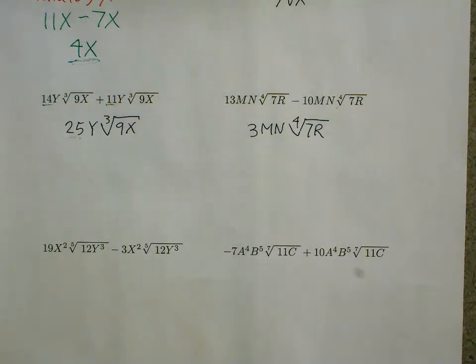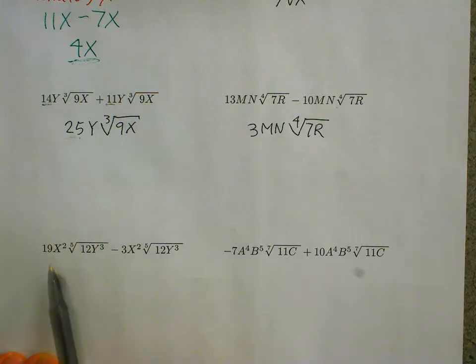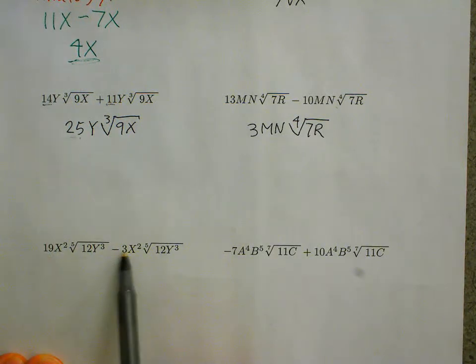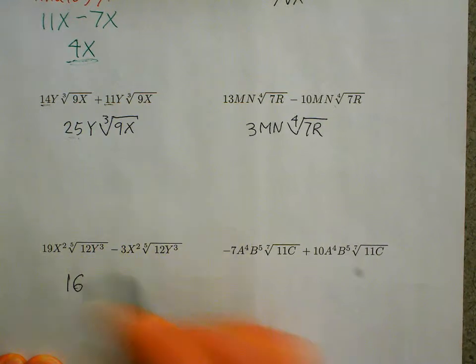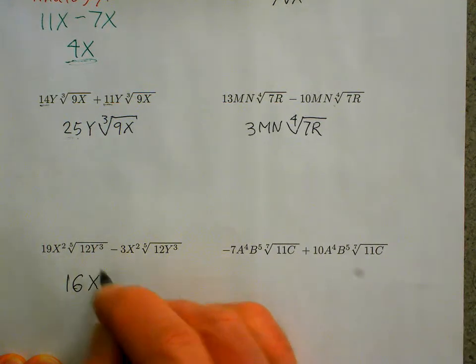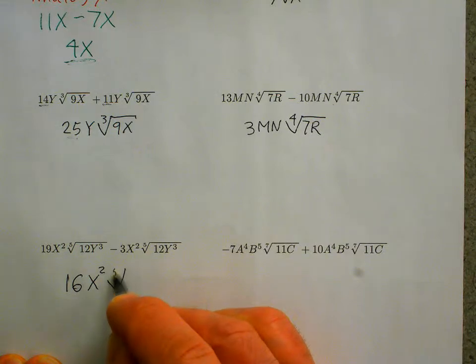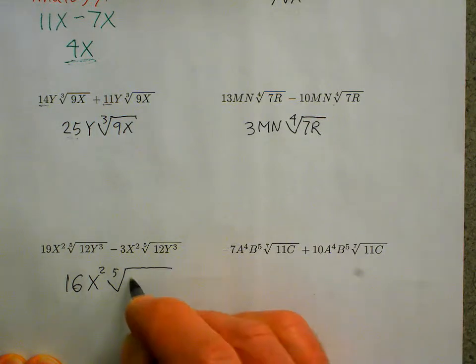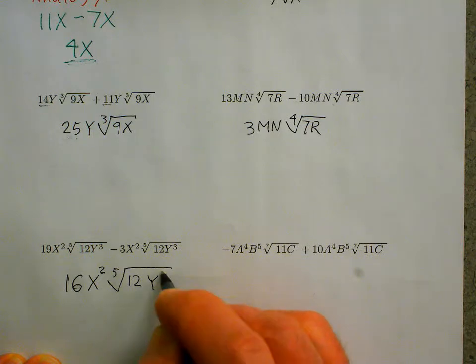So when we simplify, what will the coefficient of the simplified term be? Okay, the coefficient of the simplified term will be 19 minus 3, which is 16. So 16 times x to the second times the fifth root of 12y to the third.